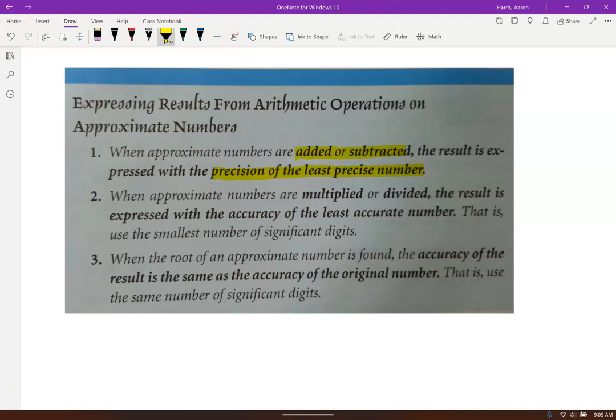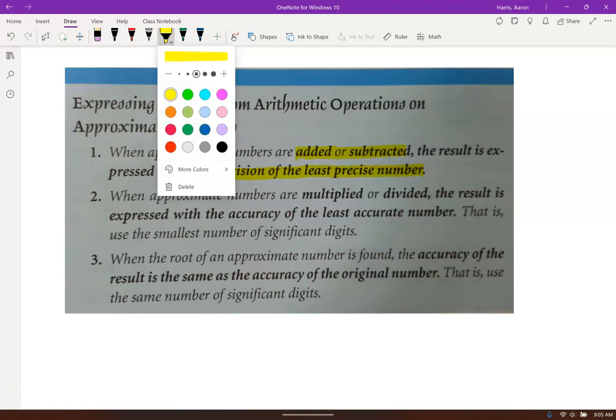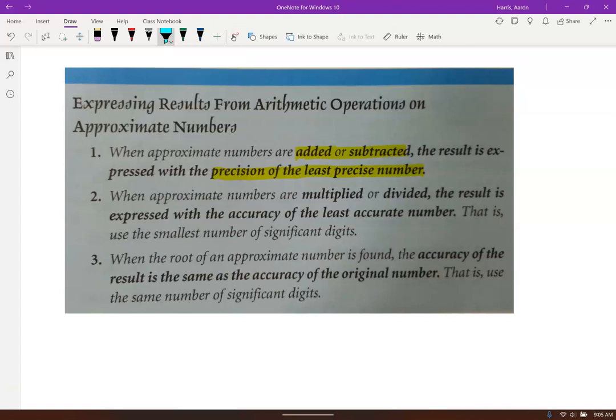Whereas on the other hand, when you're multiplying or dividing, it's the accuracy of the least accurate. So we use the smallest number of significant digits. Okay, and then for roots there, we're not going to get into roots. So let's do some examples here.